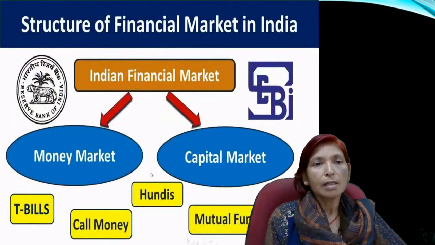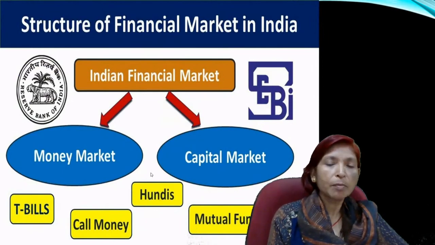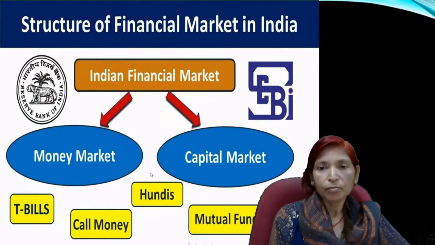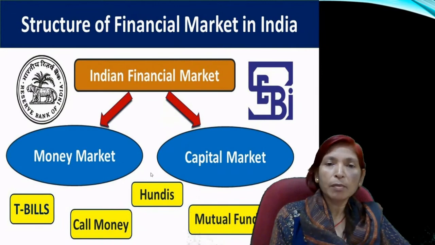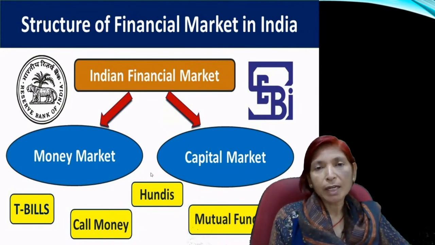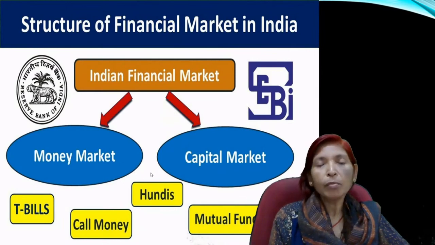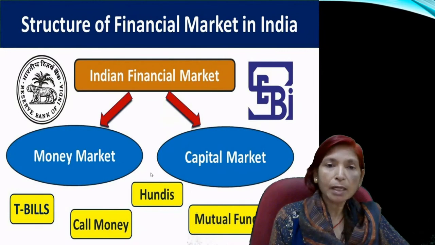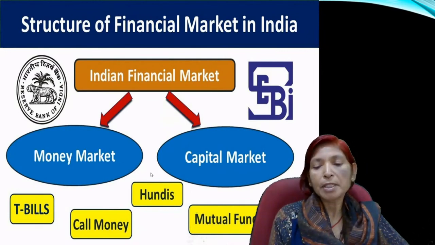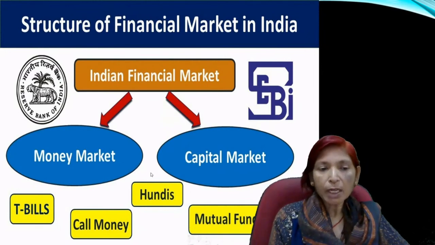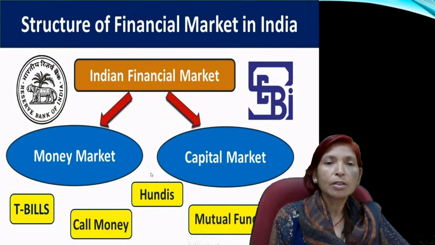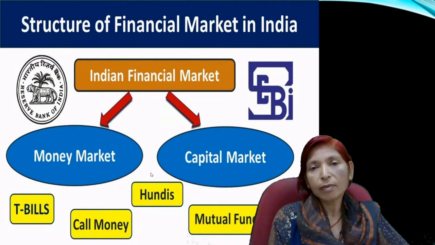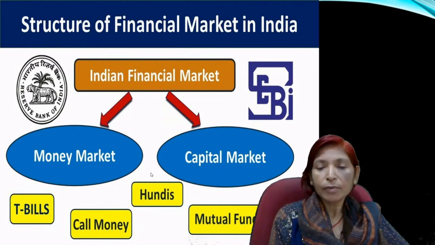Now next is the structure of the financial market in India. Here, the Indian financial market is basically classified into two broad categories. One is the money market and the other is the capital market. The money market deals with short time period funds and the capital market deals with long time period funds.